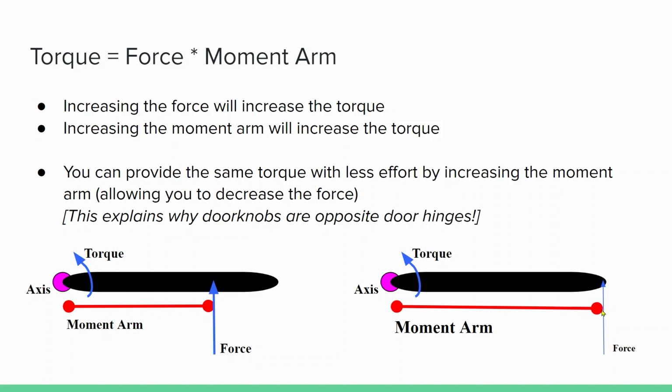If we increase that moment arm, we can decrease the force to create the same torque. And that's why doorknobs are on the opposite side of door hinges. And think about it when you're going through a sliding or like a rotating door. If you go in and push close to the axis, you have to apply a much larger force than if you're further away from the axis of that rotating door.